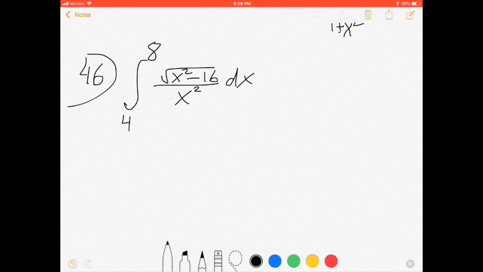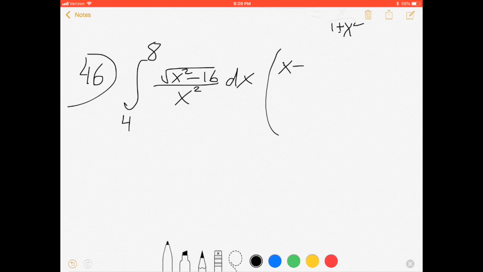Okay, what do we have here? Inside the root we have function minus constant. If you have function minus constant, this means your substitution is secant. Because our a squared is 16, this means a will be 4.